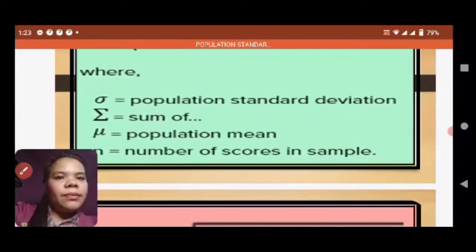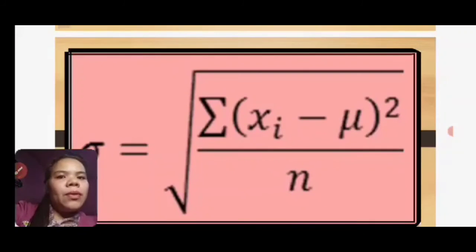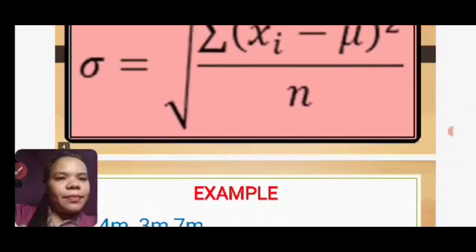So the formula of population standard deviation is the square root of sigma, open parenthesis, x minus u, squared, divided by n.